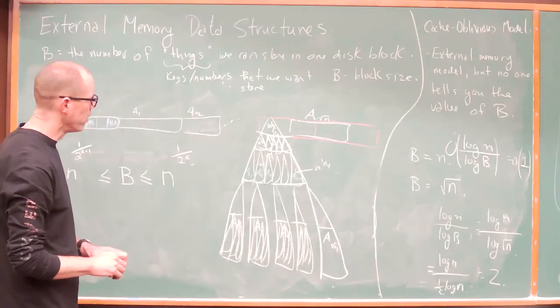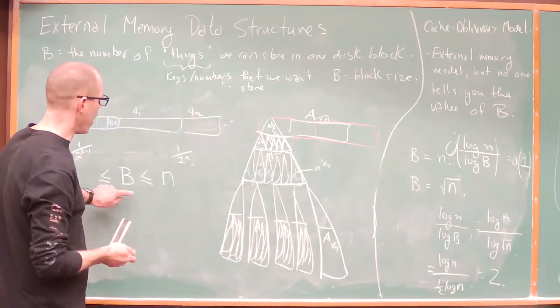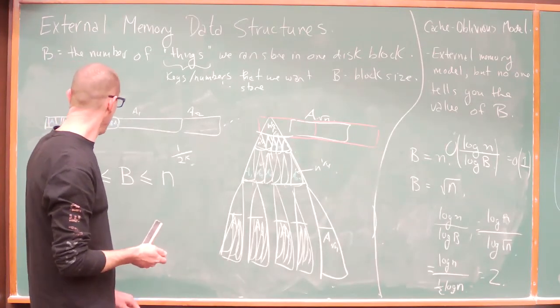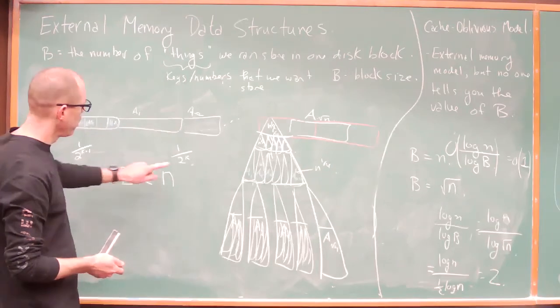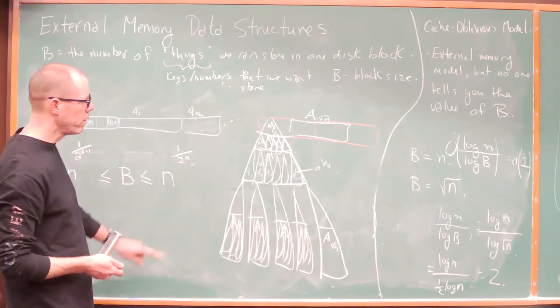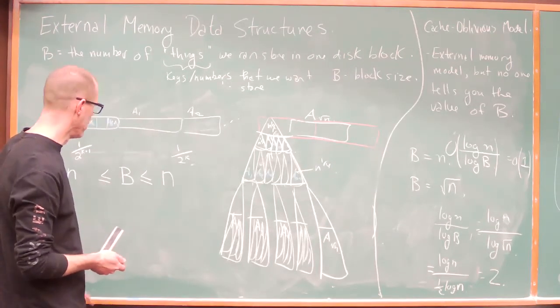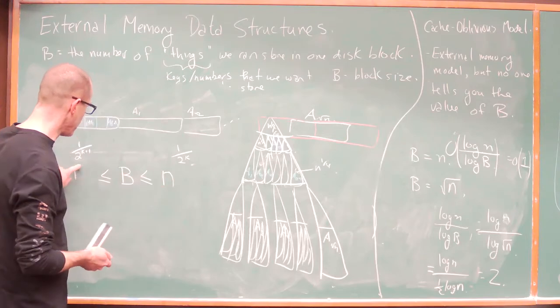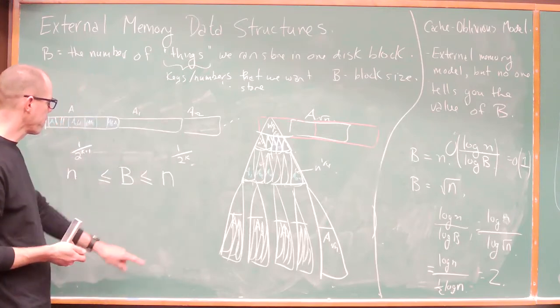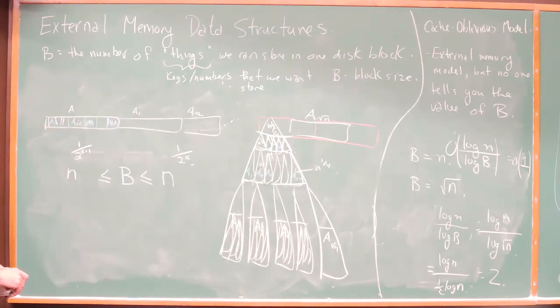So for example, maybe the block size is between N to the 1/8 and N to the 1/4 in this picture. That's what this looks like.